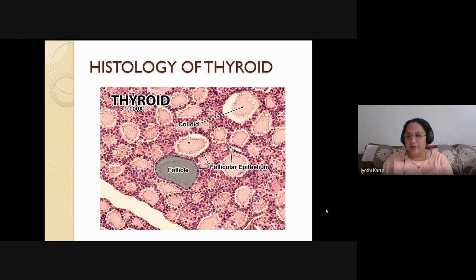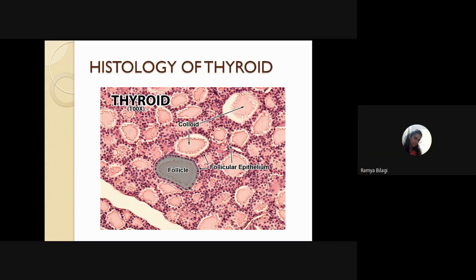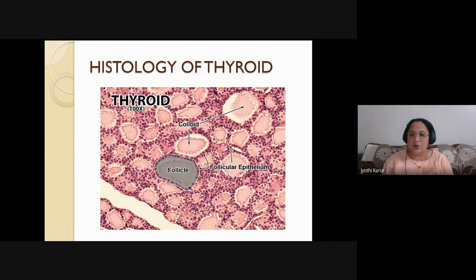Also, there are different types of cells present in the thyroid gland. If you can see my cursor, these are the thyrocytes, and this is the colloid material inside the thyroid follicle. There will be certain lymphocytes, as well as certain cells called parafollicular cells. They are also called C cells.